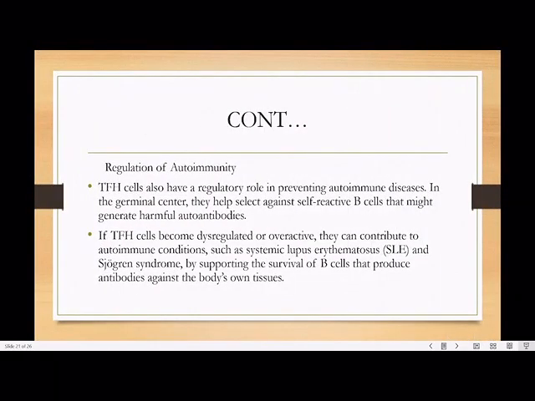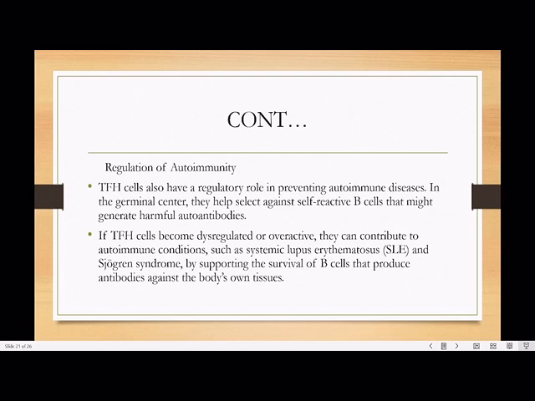You can see also it helps the regulation of autoimmunity. The T follicular helper cells have a regulatory role in preventing autoimmune diseases in the immune center. They help to select against self-reactive B cells that might generate harmful antibodies.